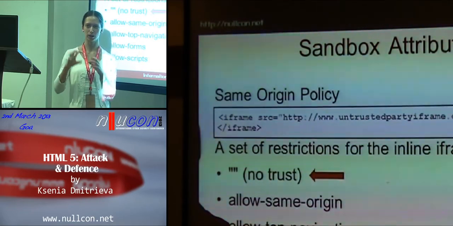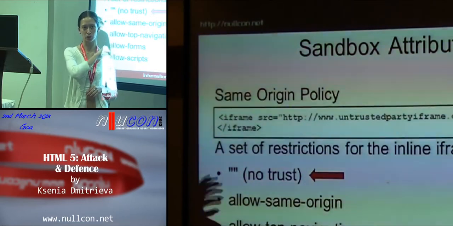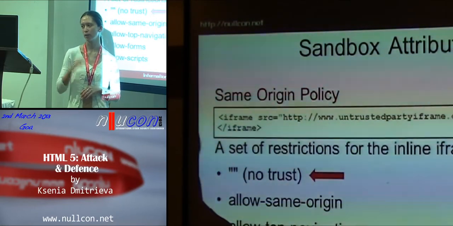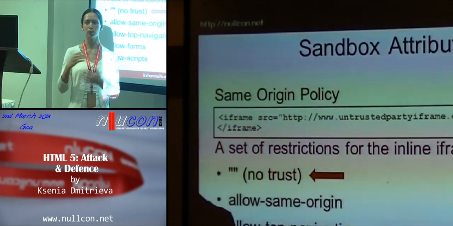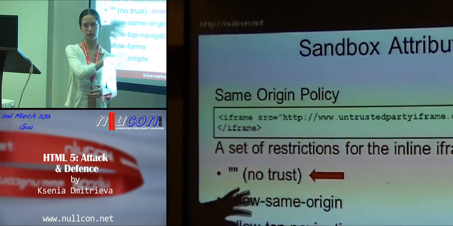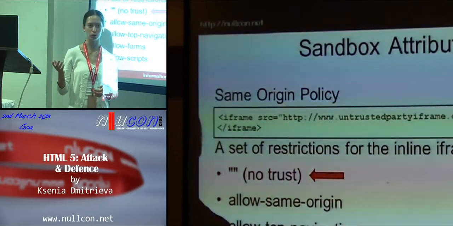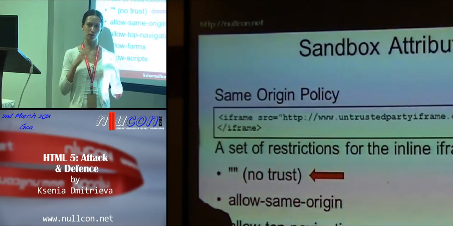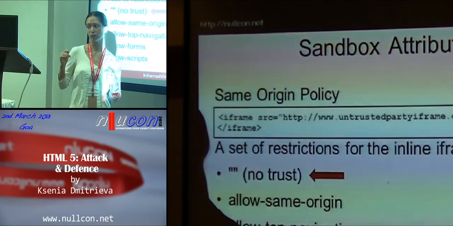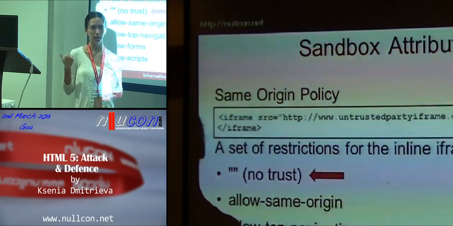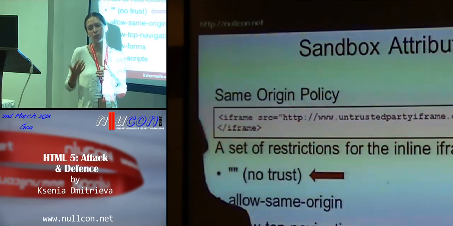That means it can change the parent document's URL. You can allow forms and allow scripts. If you set just allow-forms, it can submit the forms, but it still cannot access the DOM. If you say allow-scripts, again, it cannot access the DOM, but it can run some JavaScript and do some internal processing. But think about it, if you allow scripts, that means JavaScript can actually submit forms as well.